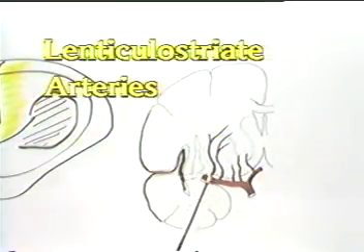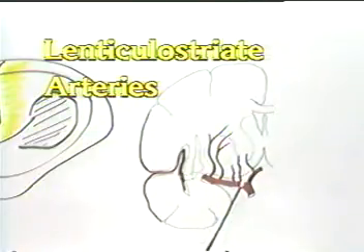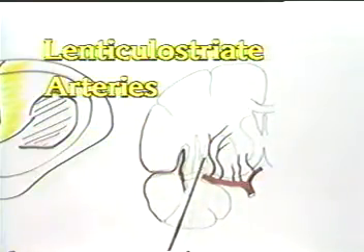These are the arteries that supply the deep part of the cerebral hemisphere. They are referred to as the lenticulostriate arteries, several of them. And they are very often the site of bleedings in the brain.